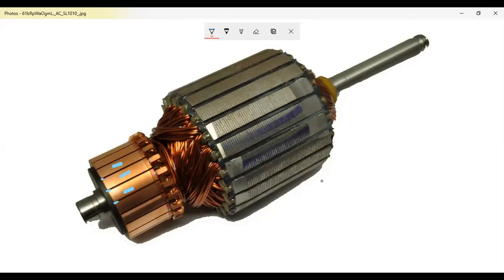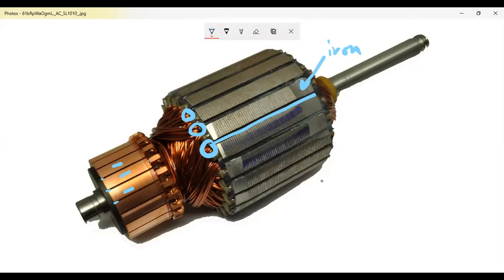two segments. And these are the slots through which the coils are passed. These are made of iron.